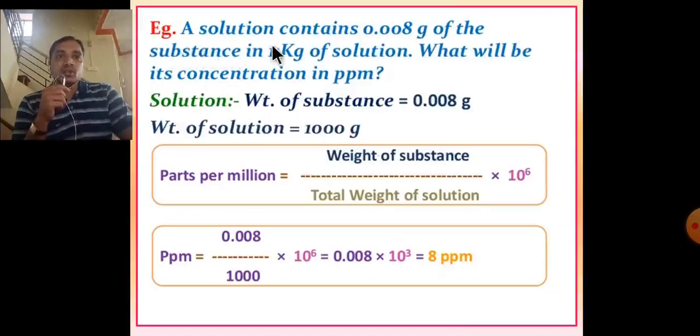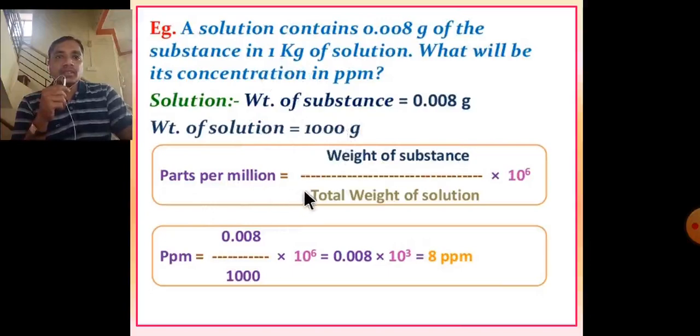Example, a solution contains 0.08 gram of a substance in 1 kg of solution. What will be its concentration in ppm? Solution: weight of substance is equal to 0.08 gram. Weight of solution is equal to 1000 gram, that is 1 kg.